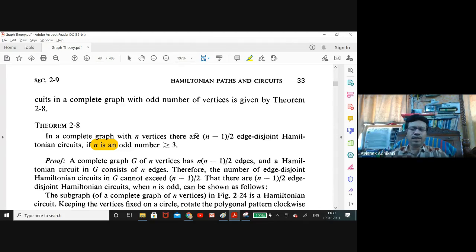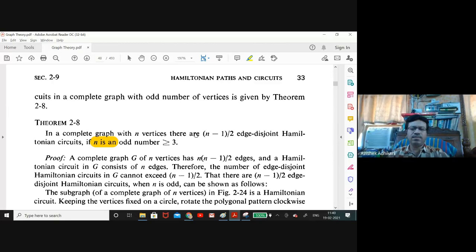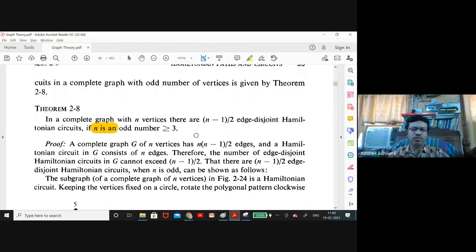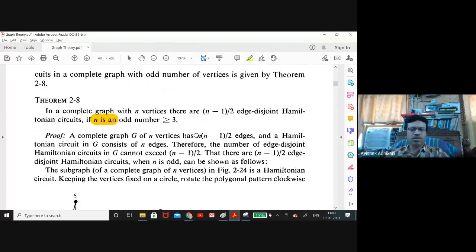Okay. So we are actually trying to count the number of edge disjoint Hamiltonian circuits in a complete graph with n vertices where n is odd. For our example, the value of n was 9. So we'll be happy, but this is a much more general formulation. So let us try to prove this. Okay. So as I mentioned, it's the proof.